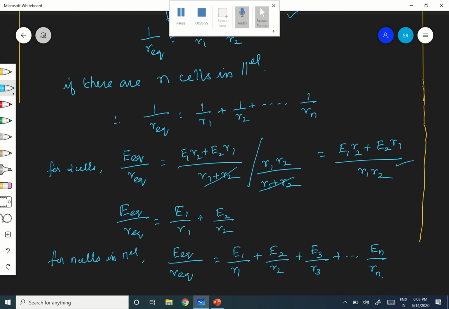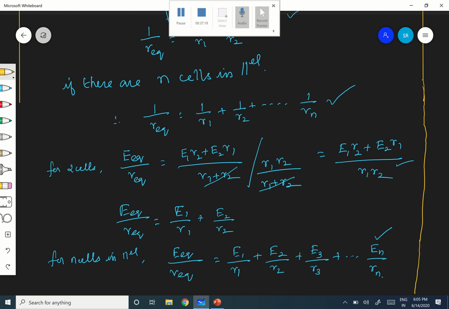Hope you are following. So for n number of cells, you know R equivalent: 1 by R equivalent is equal to 1 by R1 plus 1 by R2 plus 1 by R3, like that. And E equivalent by R equivalent is nothing but E1 by R1 plus E2 by R2 etc. En by Rn. Okay, so this is about cells in parallel.